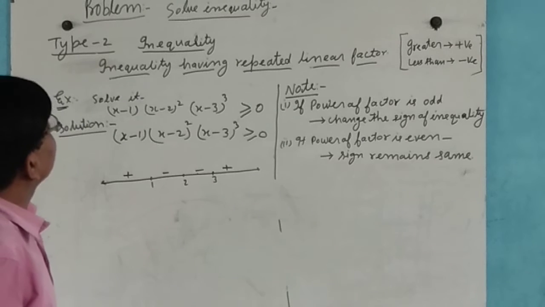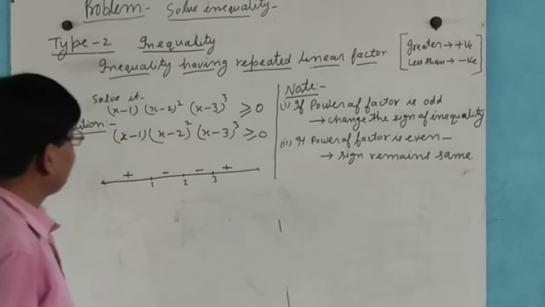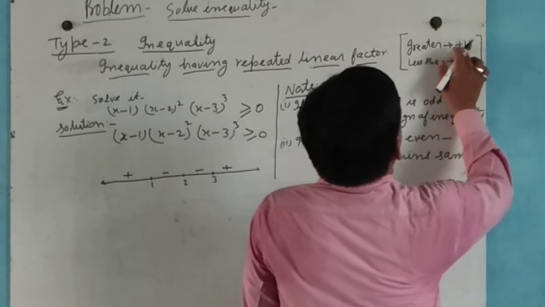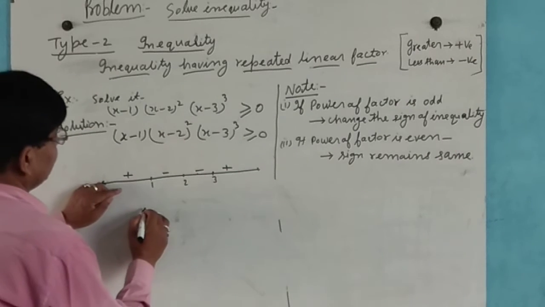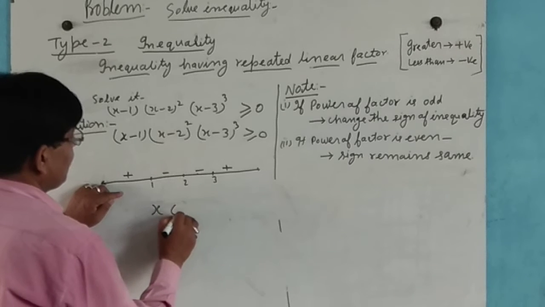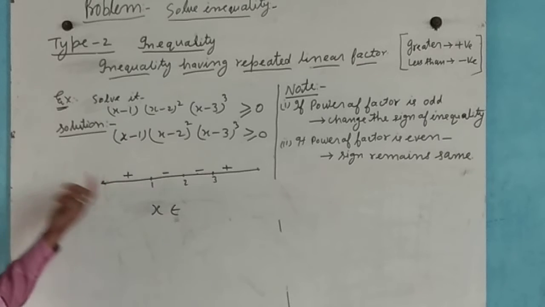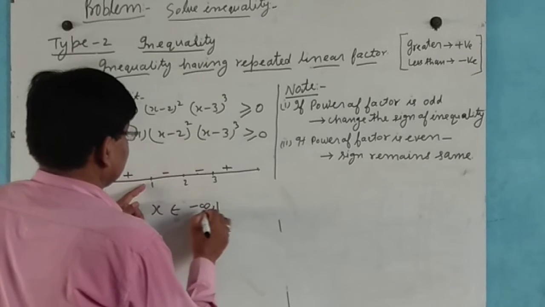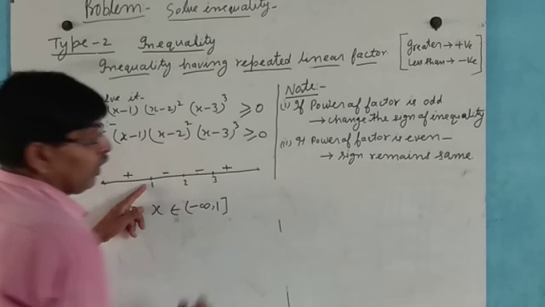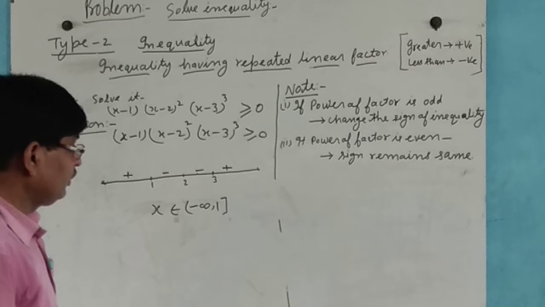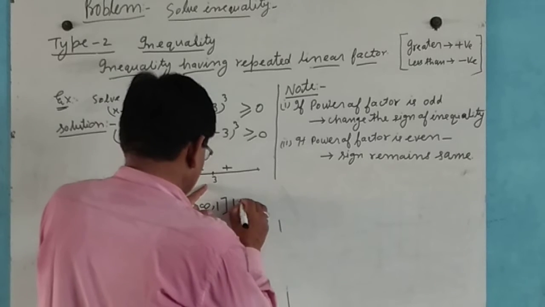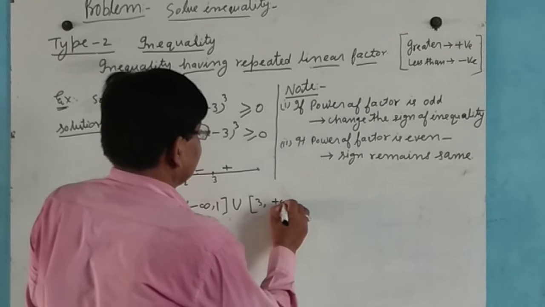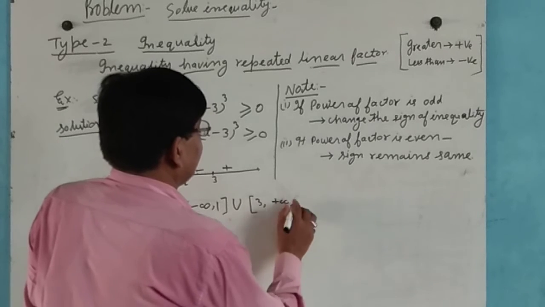Now in case of greater than, we take the positive values, so x belongs to minus infinity to 1, union 3 to plus infinity.